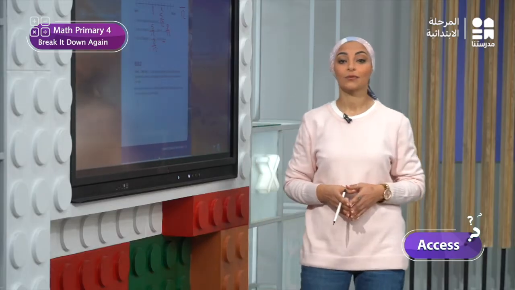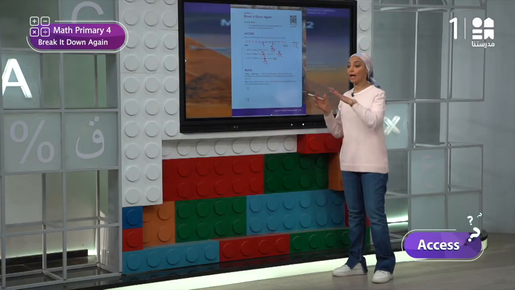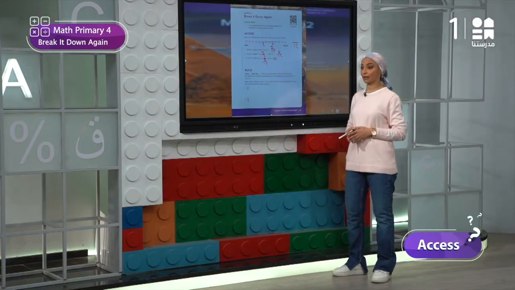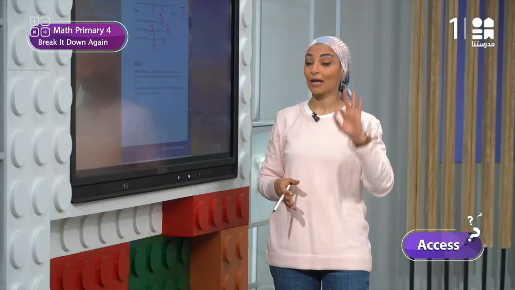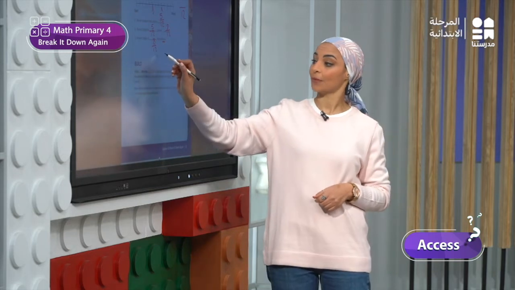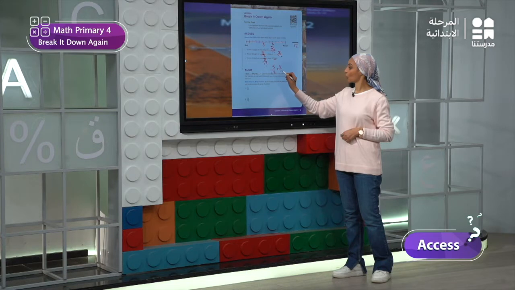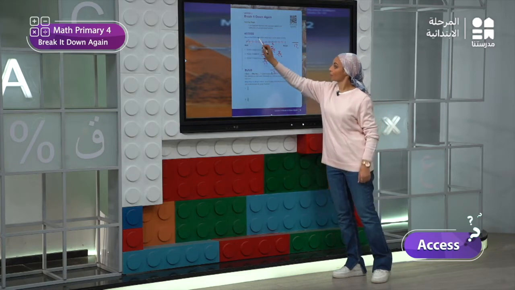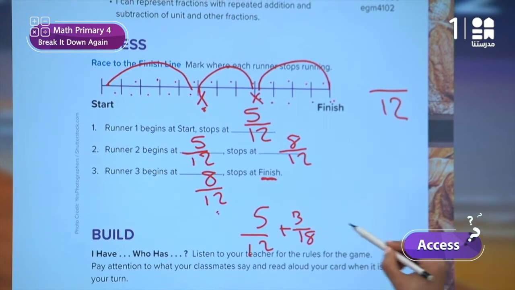We will write here that runner number 3 started at 8 over 12 as you see and till the finishing line. So the total number of the parts is what? Yes, I will add these parts. So I will do 5 over 12 plus 3 over 12 plus 4 over 12, right?